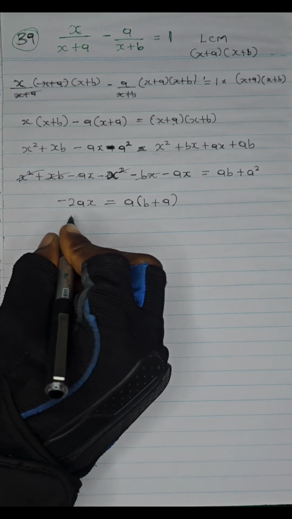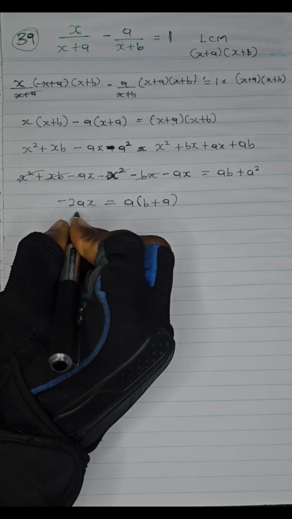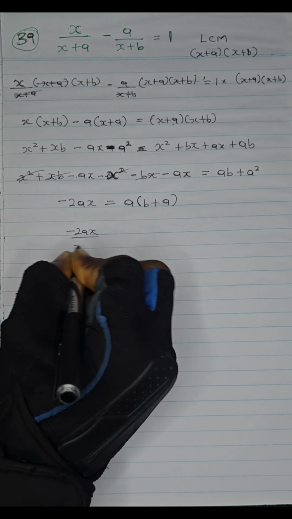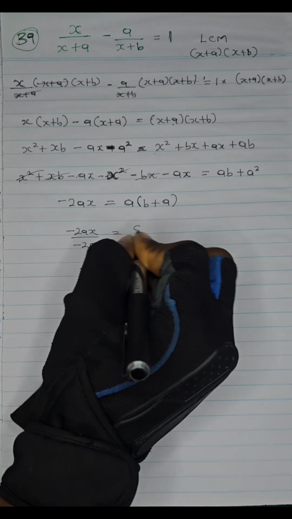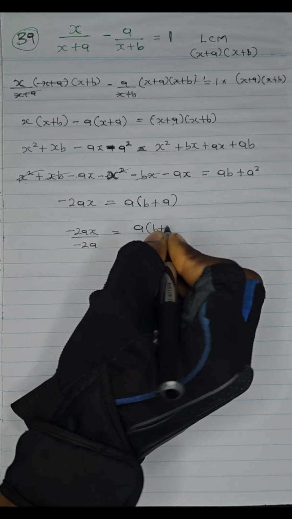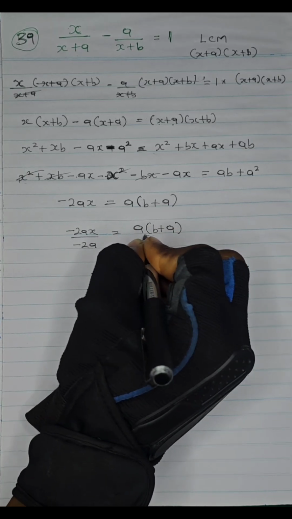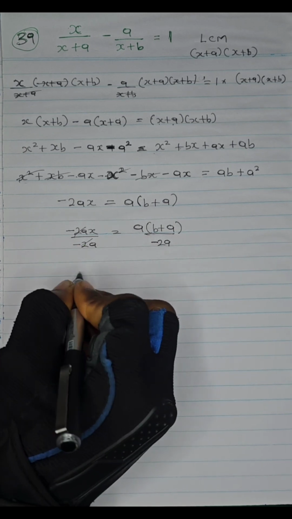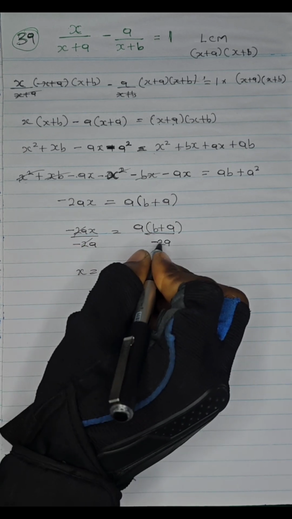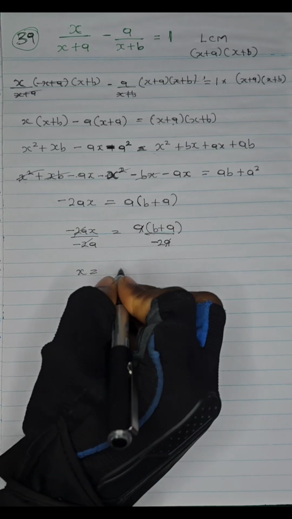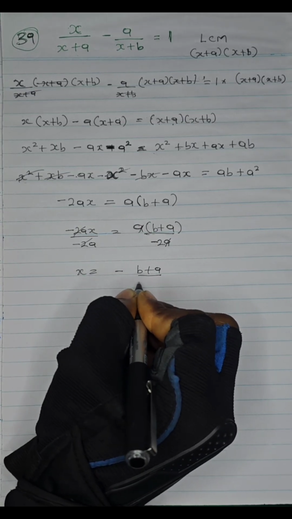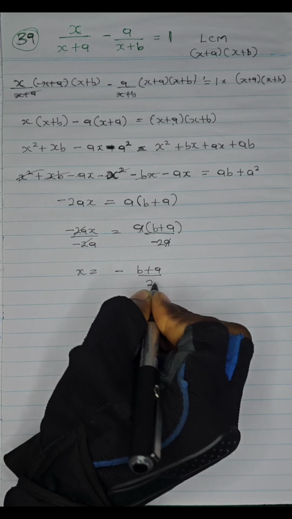So first we divide both sides by minus 2a, so we will have minus 2ax all divided by minus 2a equal to a into bracket a plus b all divided by what? Minus 2a. Here will cancel out, so x will now be, when here a will cancel out, you have minus b plus a all divided by 2.